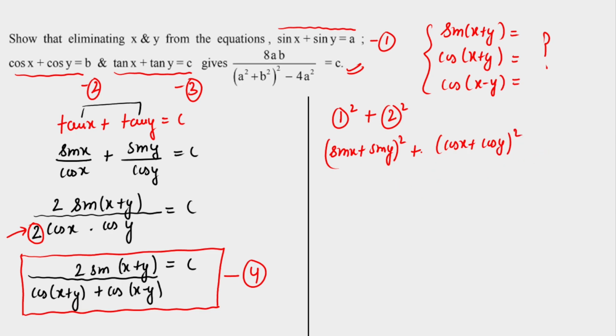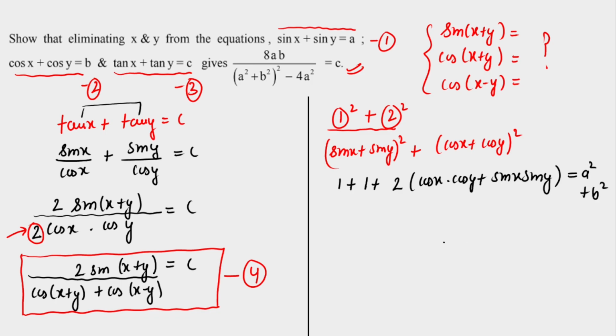Now if you square this, you will get sine square x plus cos square x, that is 1, plus sine square y plus cos square y, that is 1, plus 2 times cos of x multiplied by cos of y plus sine of x and sine y. And this will be equal, on the other hand, to a square plus b square, as you can see here.